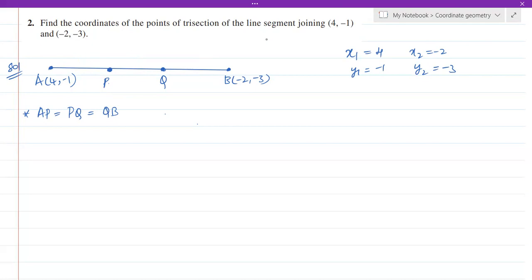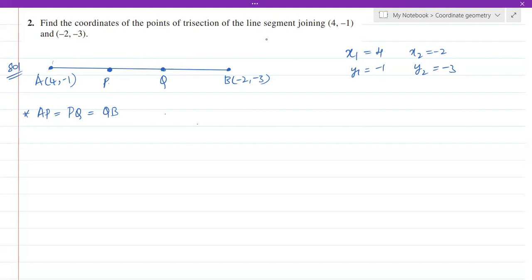See, basically this line is divided into 3 equal parts, right? This is the first part, the second part, and the third part. So left side of the P, how many equal parts you got? 1 part. Right side of the P, how many equal parts you got? 2 parts. Therefore, I can say that the point P is dividing the line segment in what ratio? 1:2 ratio.